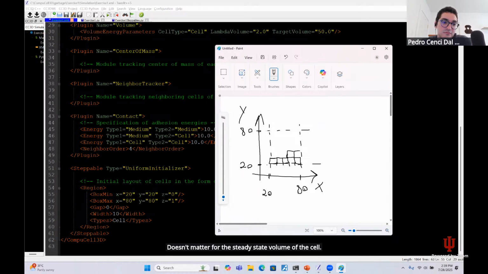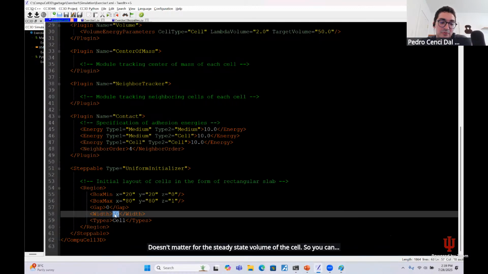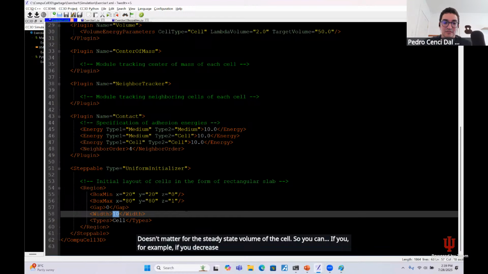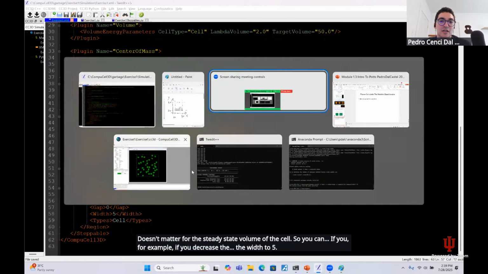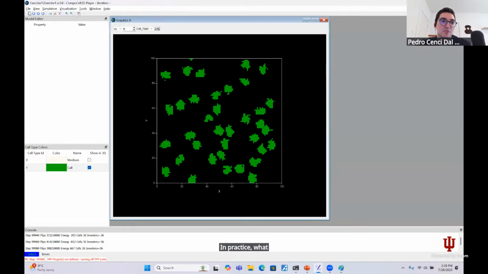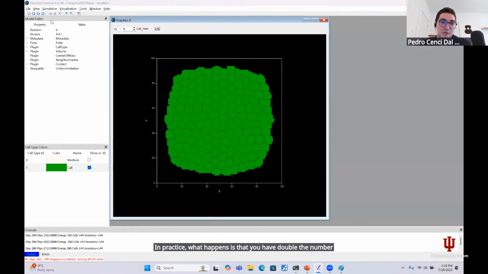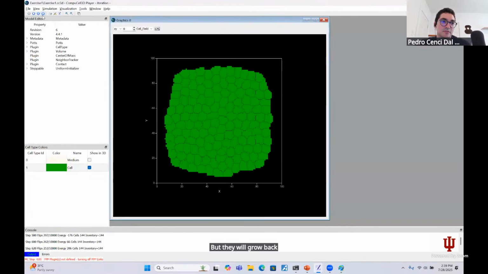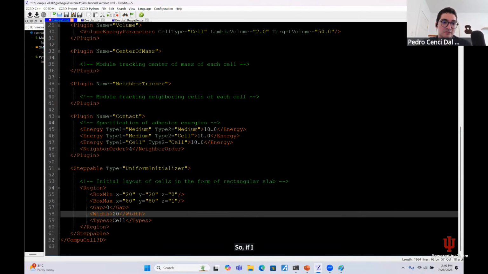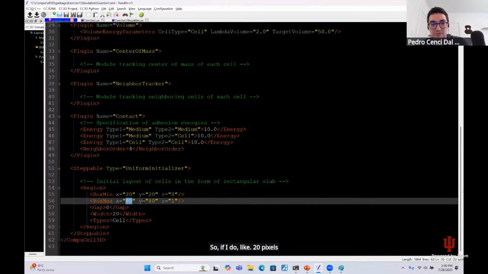So you can, for example, if you decrease the width to 5, in practice, what happens is that you have double the number of cells, but they will grow back to their actual size. So if I do like 20 pixels, let me reduce this.